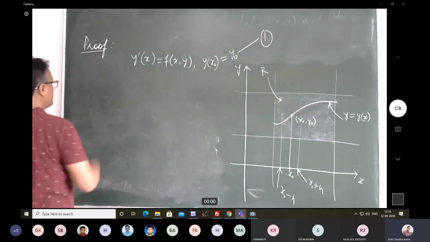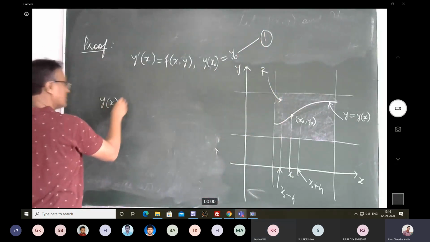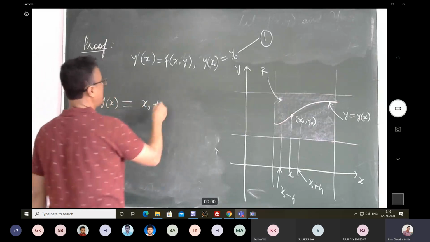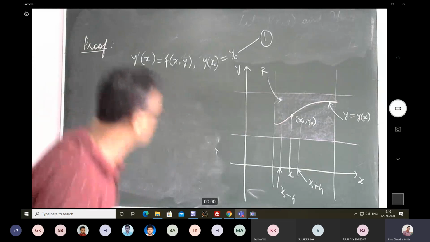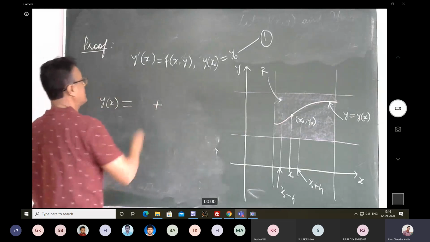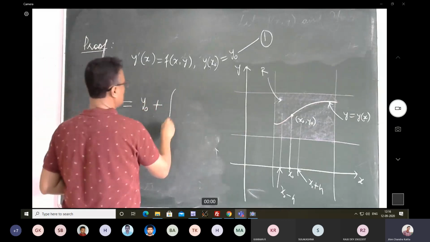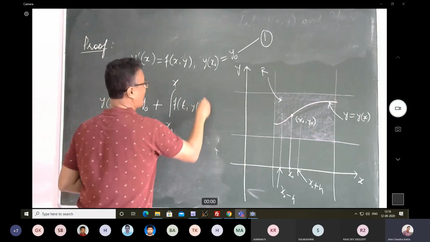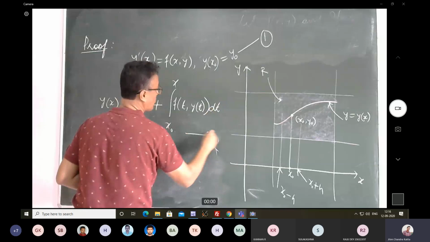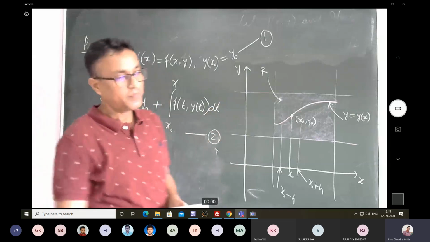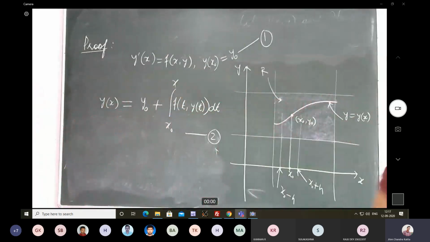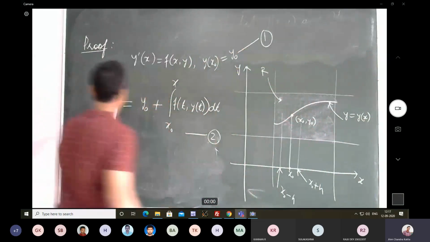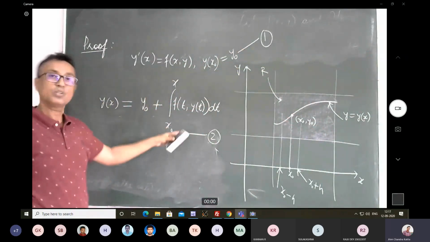Okay, so then if I can have an integral equation of this form, let me call it 2. So you know that every solution of 1 is also a continuous solution of 2.